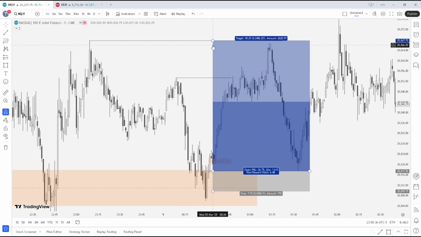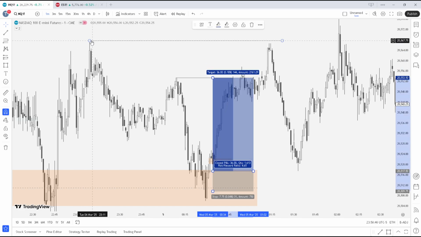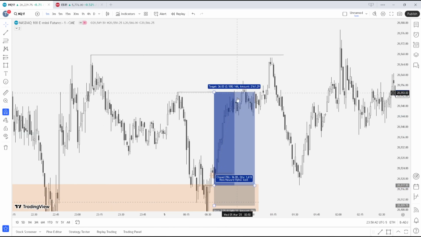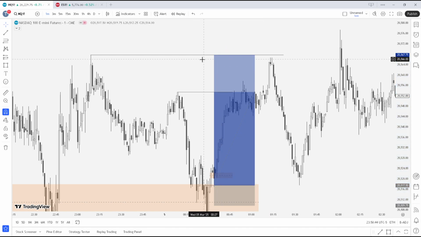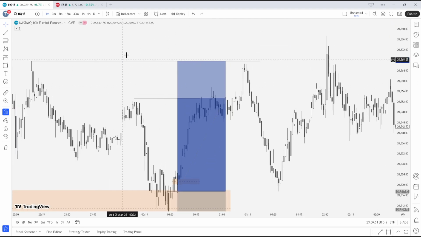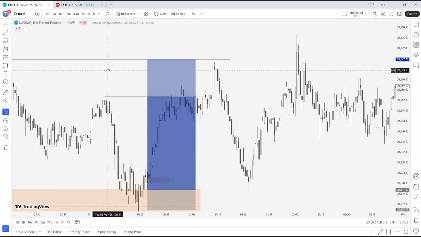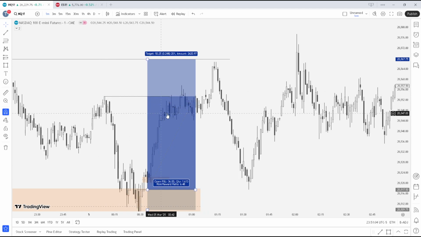I don't want to say that I would have put my TP right here just because this one didn't hit. This buy side liquidity makes sense for it to get swept. So I would put my TP up here, and then scale out half down here or trail my stop loss.